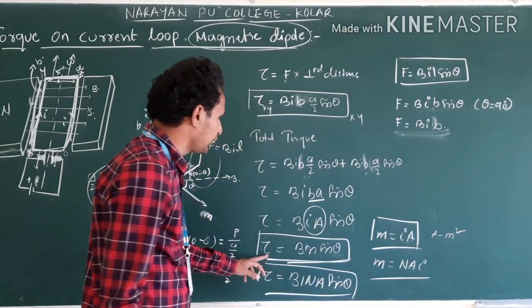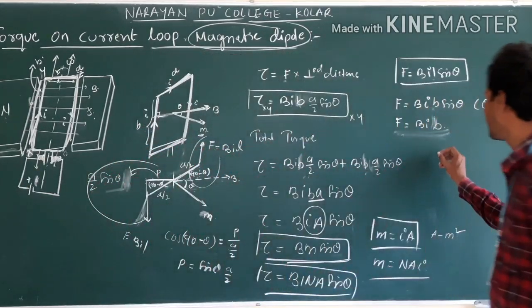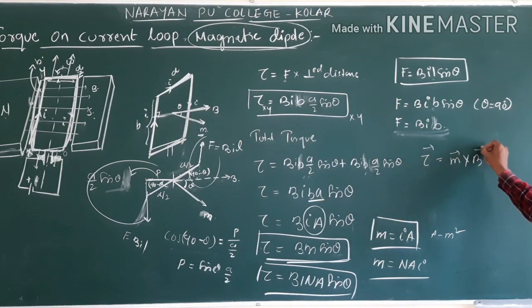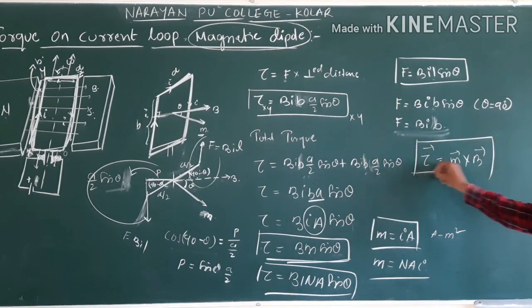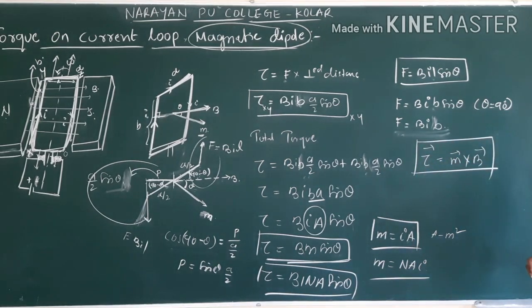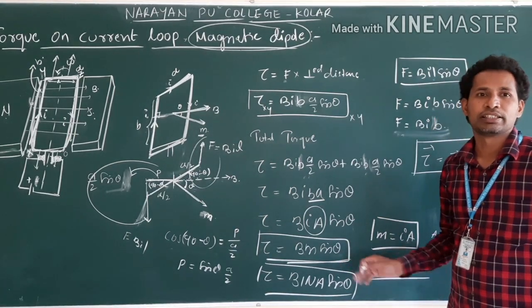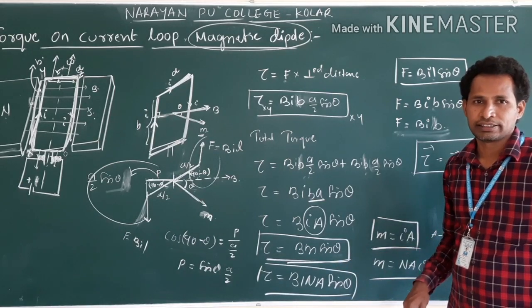Understand? And we can express this in terms of the cross product. Tau is equal to m cross B. This is in terms of the cross product, m cross B. Again the same questions: when is the torque maximum? Theta is 90. Understand?